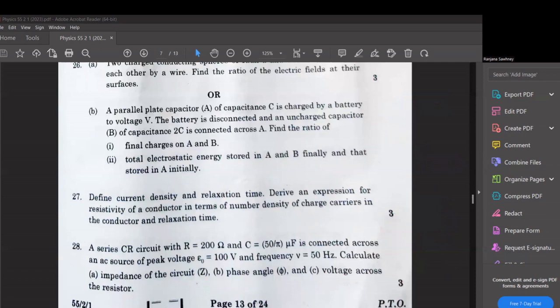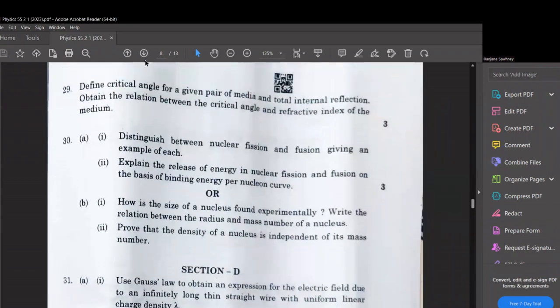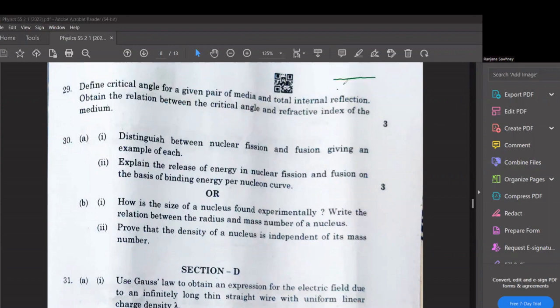Next question, question number 29. Define critical angle for a given pair of media. We know that critical angle is whenever the ray of light is passing from denser to rarer medium at a particular angle of incidence, the refracted ray grazes over the surface separating the two media.